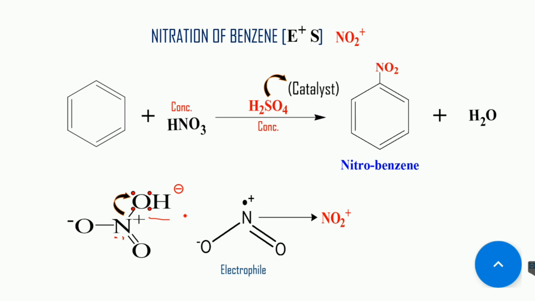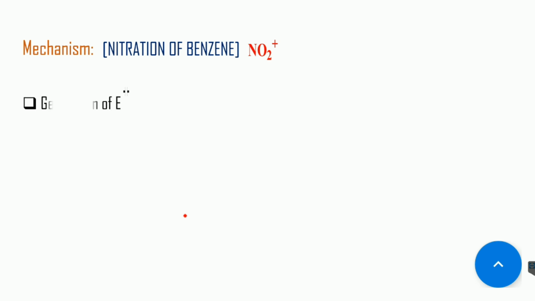Okay, so let's see the mechanism, how it will generate our electrophile. First step, that is generation of electrophile. So here is our HNO3, a concentrated one, and here is our H2SO4, also concentrated. So thermal dissociation will occur, as both are concentrated.